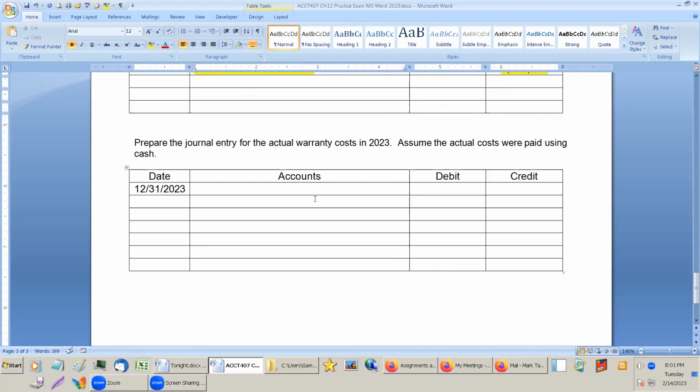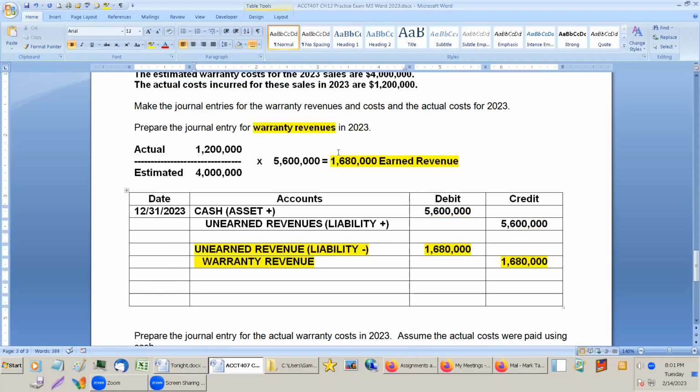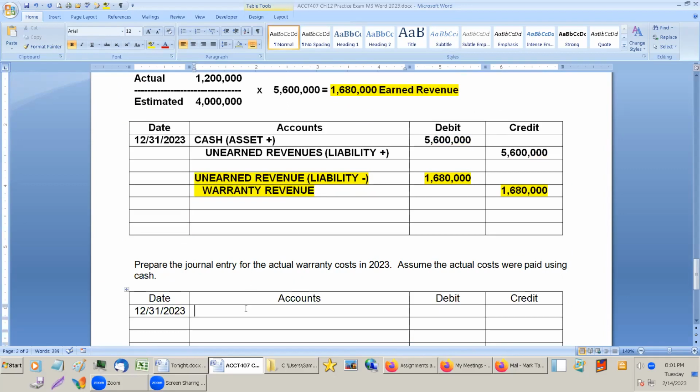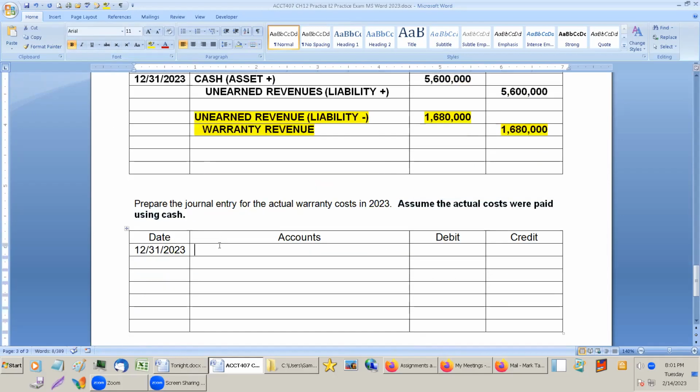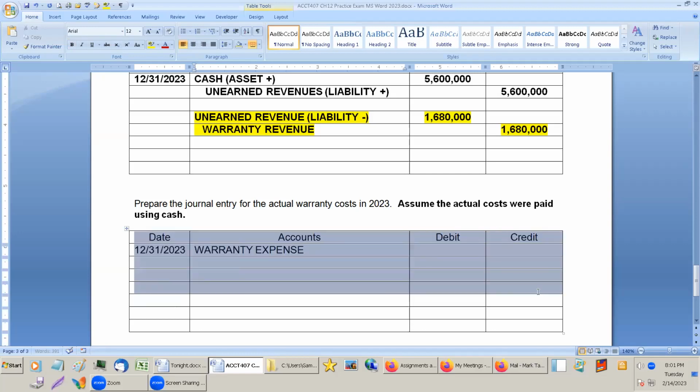Generally for the actual warranty costs will be 1.2 million. Assume they're all paid using cash. That makes it easier. So we'll have expense.